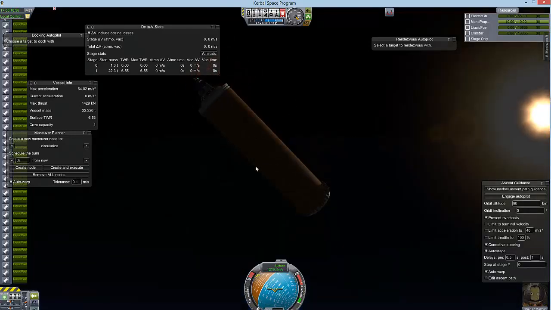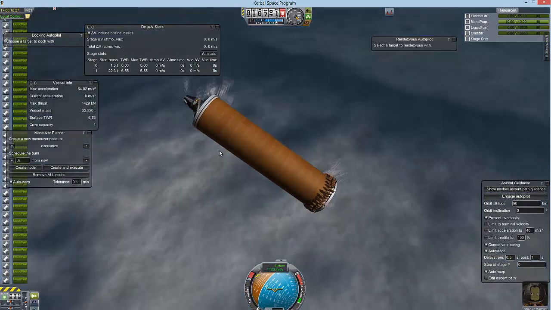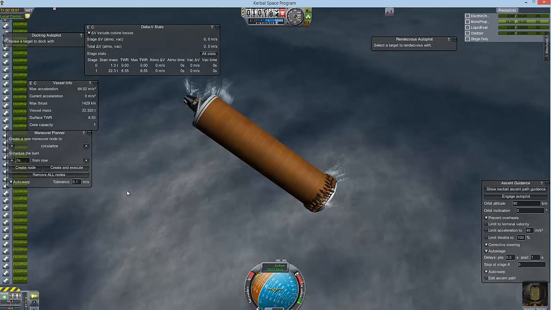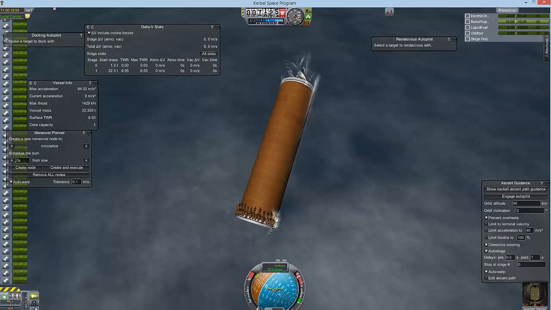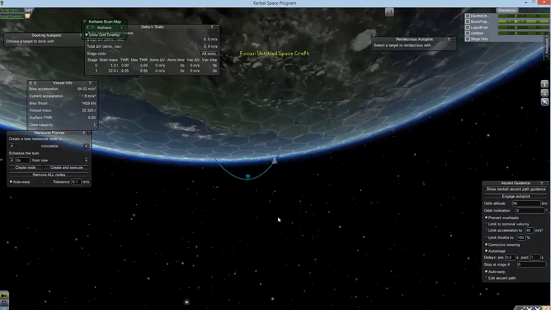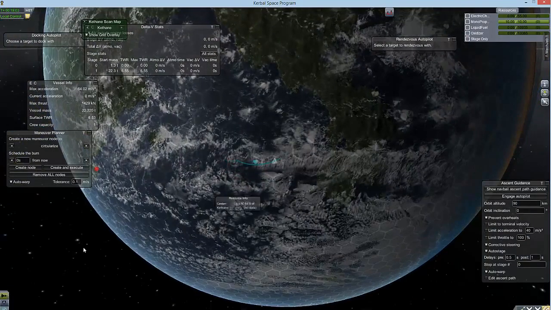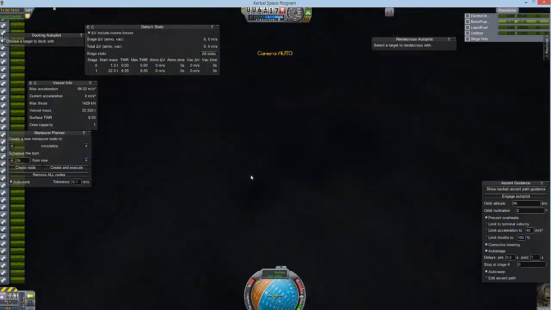This is probably like the best way it can actually fall, because it's a lot of surface area. Even though it's horrible. So it's gonna go over here.